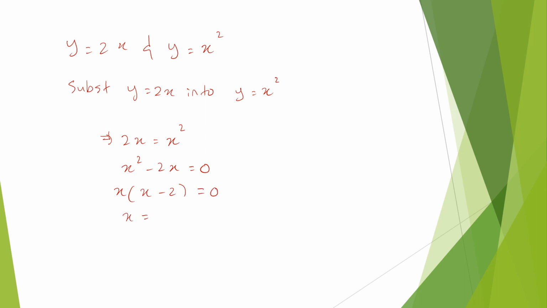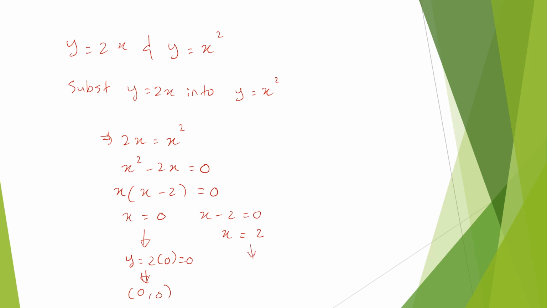You will get x equals 0 or x minus 2 equals 0, so x equals 2. When x equals 0, y equals 2 times 0, so the coordinate is (0, 0).